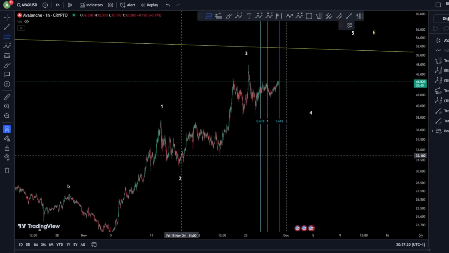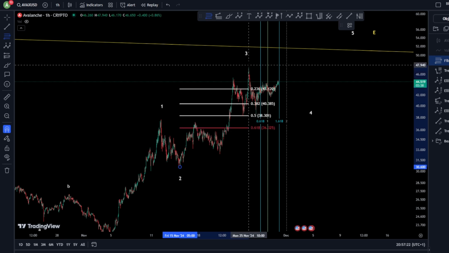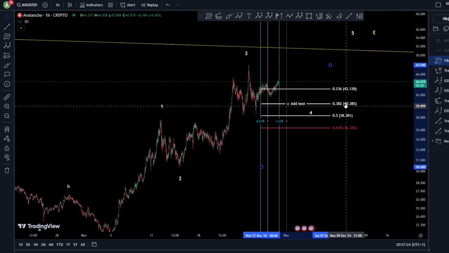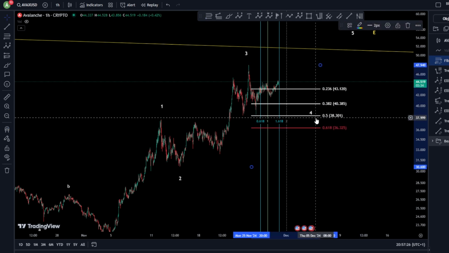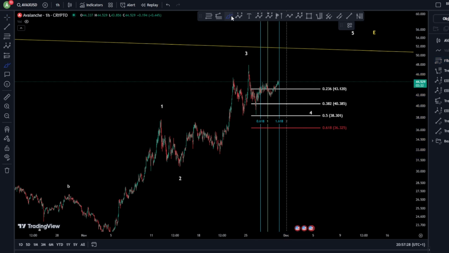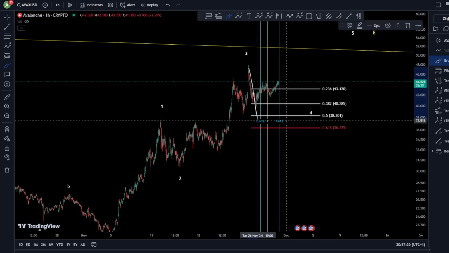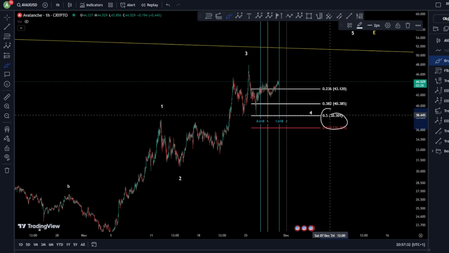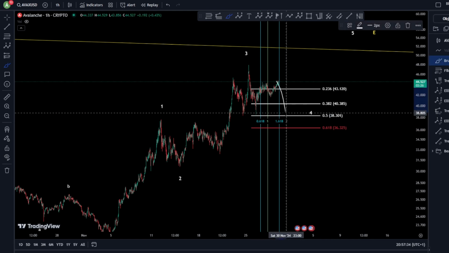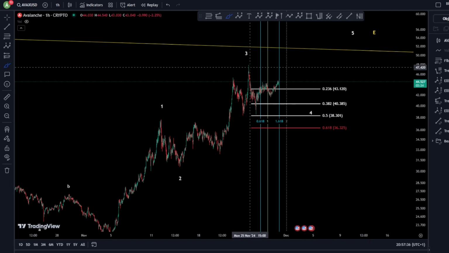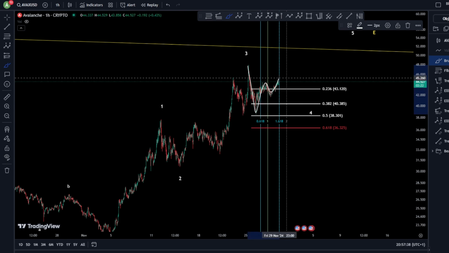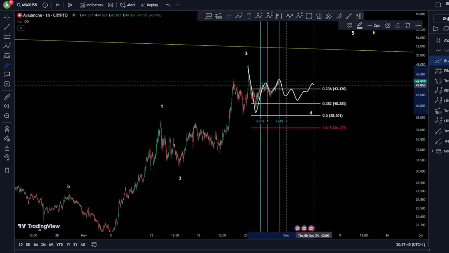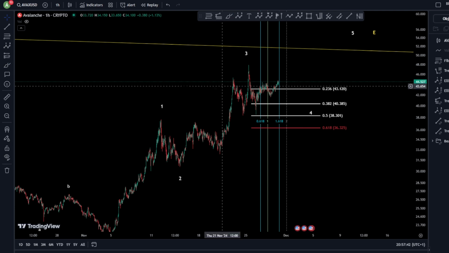And if we want to have some fib levels, of course, taken from the bottom of the wave 2, we can see that we already reached, even with this very sharp leg, a 0.5 fib level. So I doubt that we're gonna come back to this area as well. Okay, all right, so might be a triangle, guys.